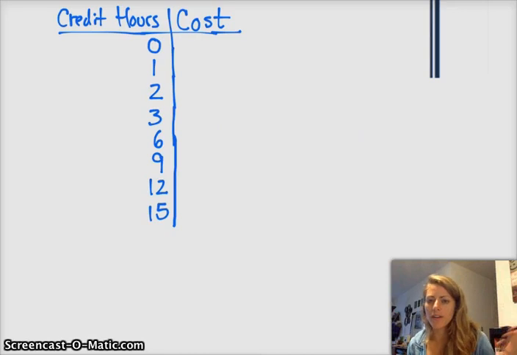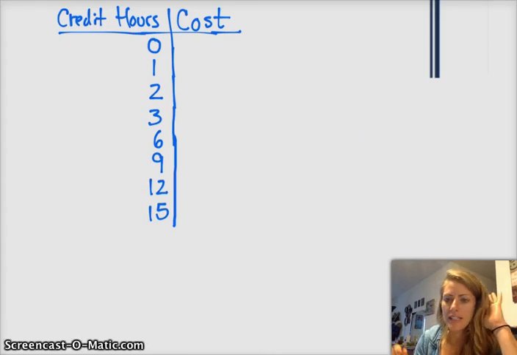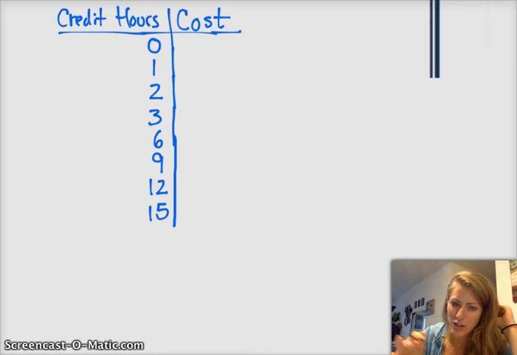Why such weird numbers? Well, 0 is taking no classes. But generally, a typical class in college is about 3 credits. So it would generally go up, right? 12 hours is generally a full-time student. 15 is over full-time or kind of average-ish. 18 is definitely over that, but nobody really takes more than 18-ish credits.